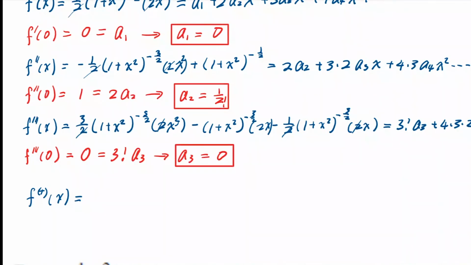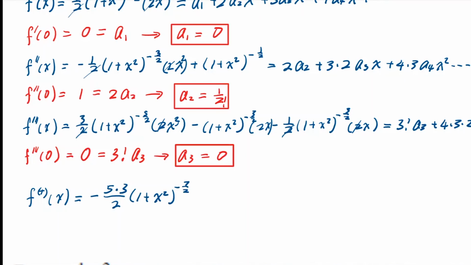Now we have one more. Okay, let's be careful. After this one, we're done. We don't have to see the general pattern, okay? Thank God. So another product rule, we have negative 5 over 2. I'm going to write it like this; you don't have to write it because this is the last one, that's 15, but I'll write it that way so you can see the general pattern. Over 2, and 1 plus x squared to the negative 7 over 2.